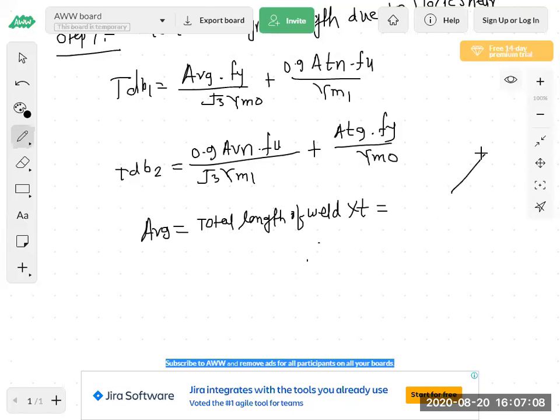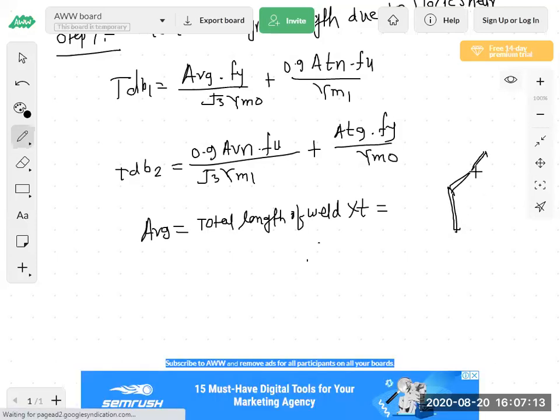It means what? If this is the plate, and to this plate the angle is connected. So in this area, the angle is connected. This is the length of welding. So this length, total length of weld at top and bottom, total length of weld top and bottom into thickness of weld. So that is the shear.